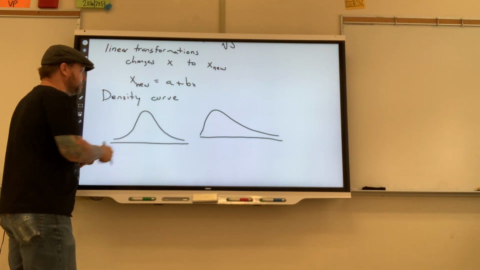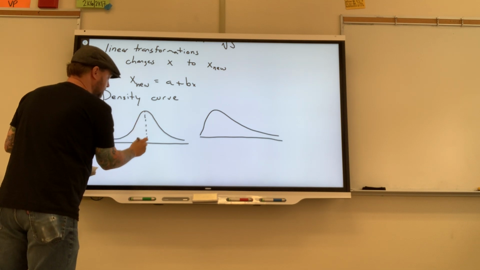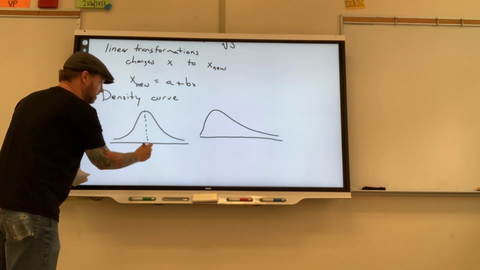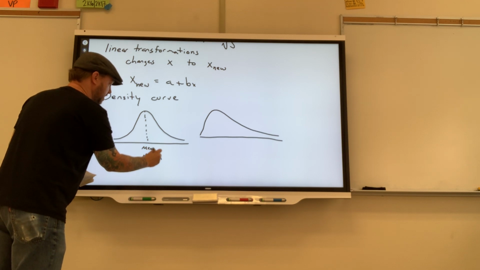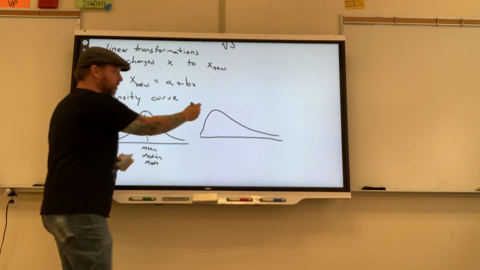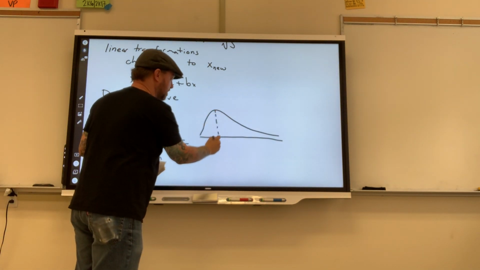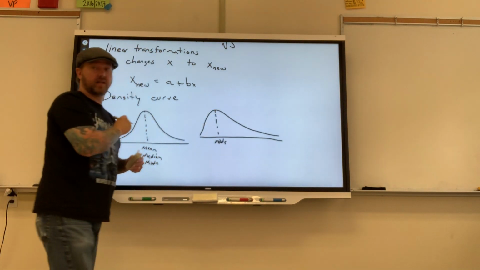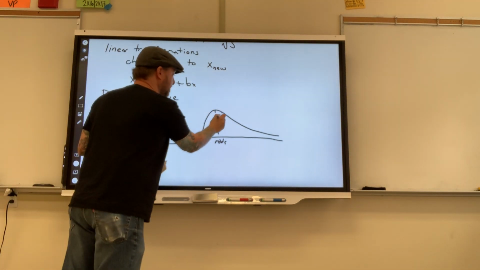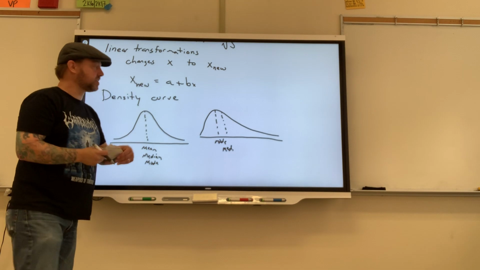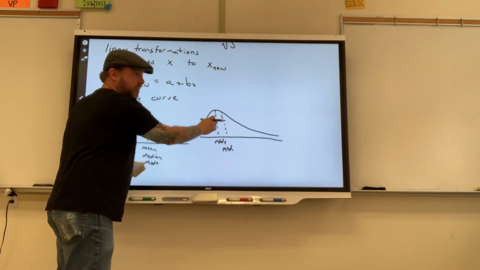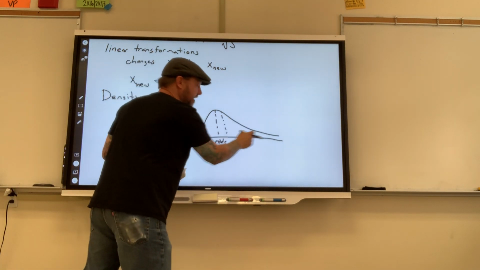Now, on this one, this is the mean, median, and the mode. The mode over here is the high point. The median is the point where half the area is here, half the area is here.